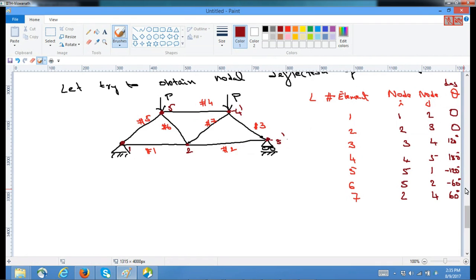So this is what we have first seen, and based on that we will develop the element stiffness matrix for each and every element. Let me take this structure again here.